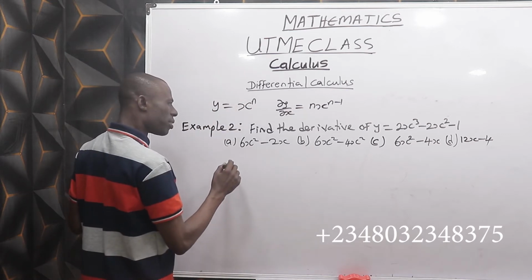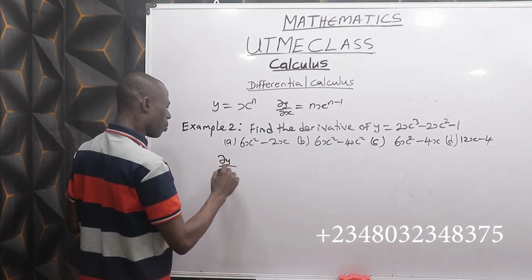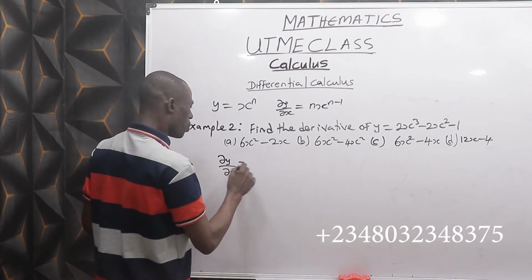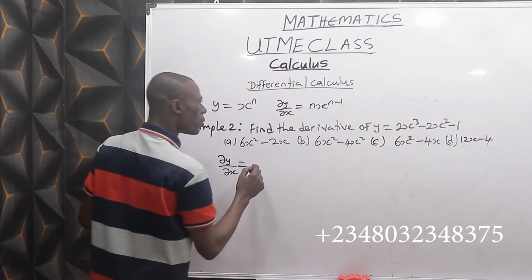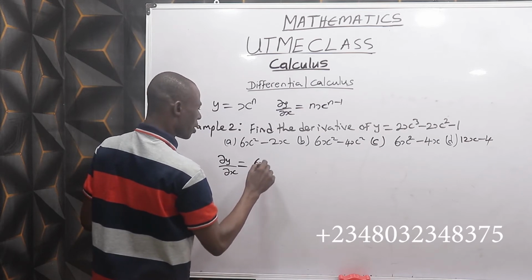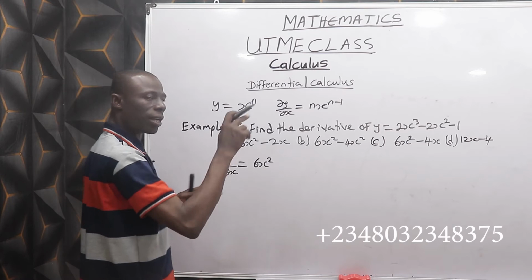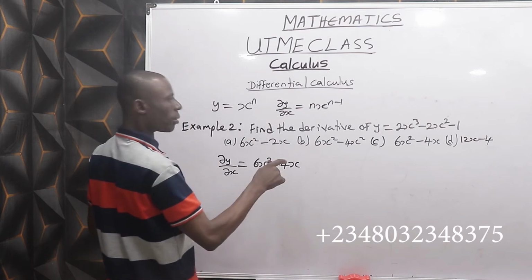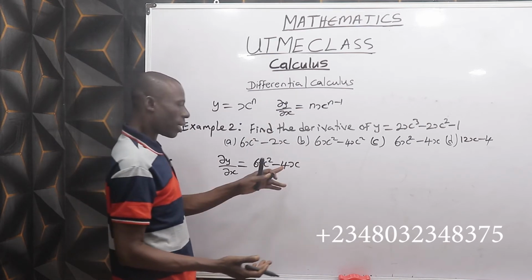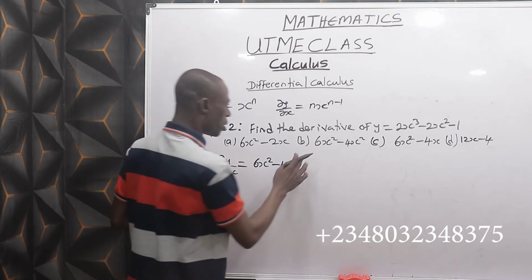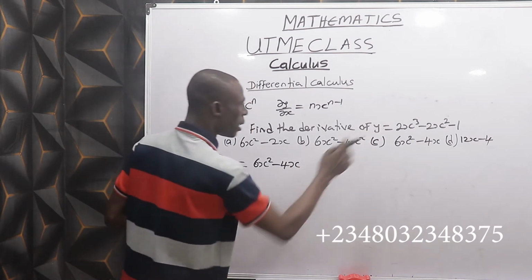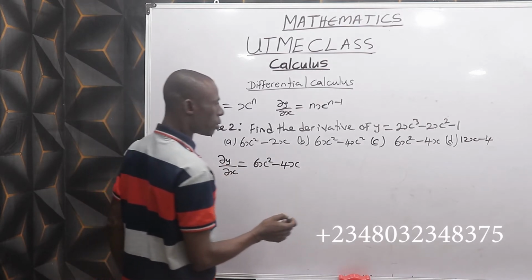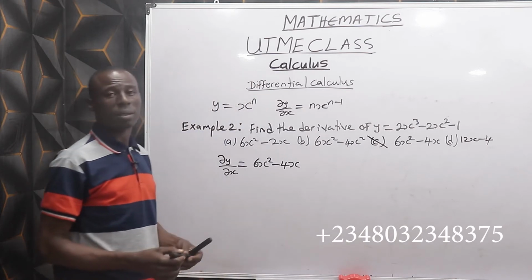The derivative is the dy/dx, that is the change in y with respect to x, which is going to be 3 times 2, that is 6, x raised to power 2, that is raised to power 3 minus 1, minus 4x raised to power 1. And x raised to power 1 is written as x, not necessarily putting the 1 there. Then the derivative of negative 1 is 0, so this is the answer. And that tallies with option C as the correct answer.